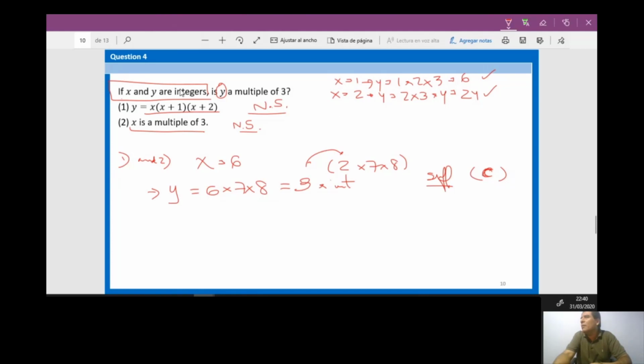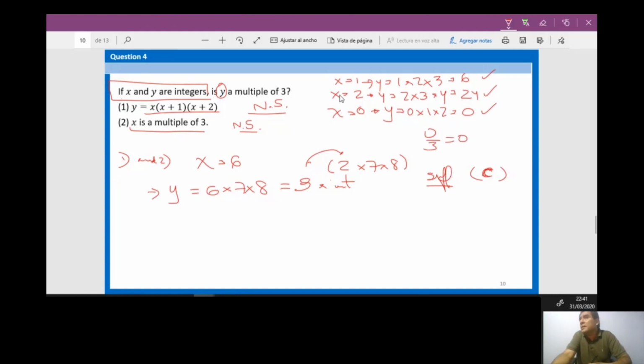And then you think, oh, but wait a moment, I'm considering only positive numbers. What happens if it is 0 because x is also an integer? Well, if you know some properties of the integers, then y would be 0 times 1 times 2, which equals 0. But 0 is divisible by any integer. So it's also divisible by 3 because 0 divided by 3 is 0.